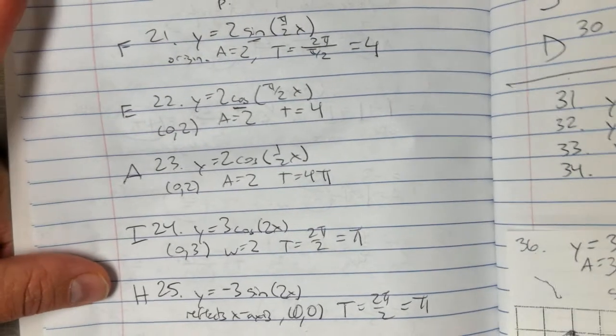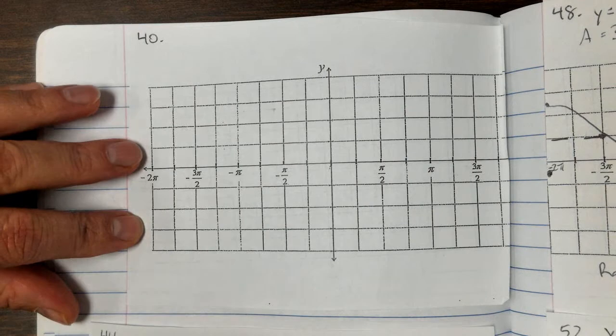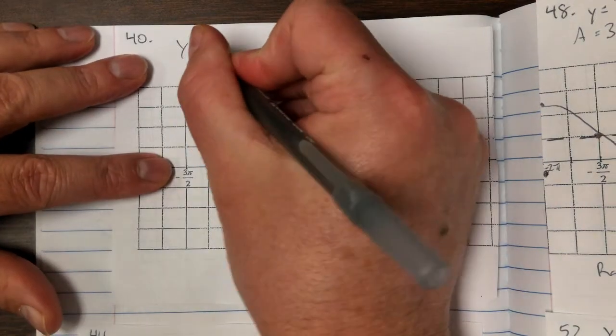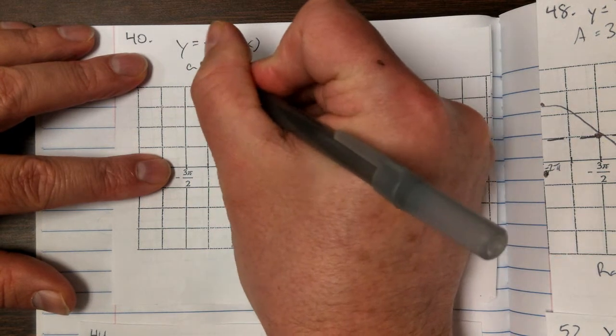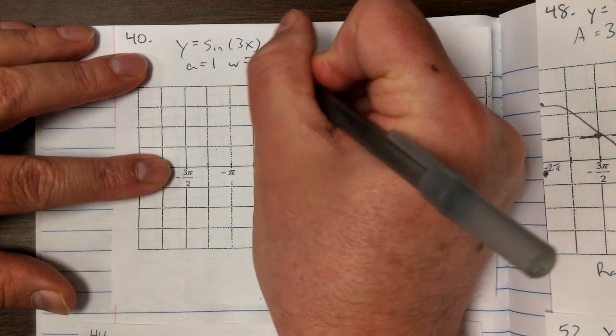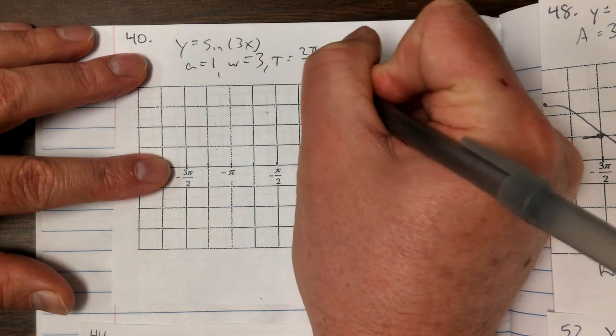Okay, the next one, number 40. This one says y equal sine 3x. So our amplitude's 1. Our w is 3, and our period would be 2 pi thirds.